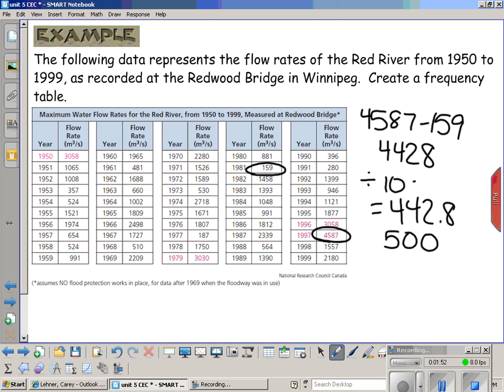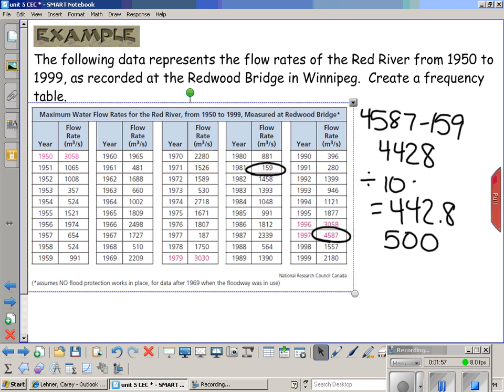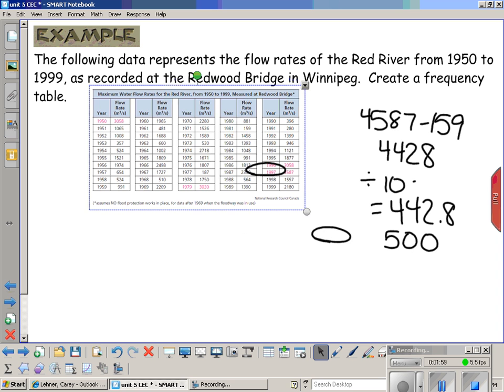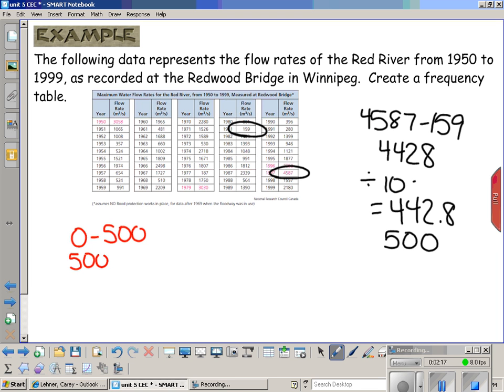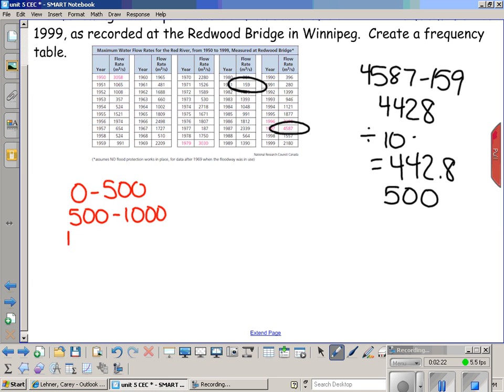So what we are going to have in our table is frequency intervals of 500. I'm going to make this smaller so that we have room to draw everything here. So what we have is from 0 to 500 is one interval. 500 to 1,000. And we need to continue these intervals until we have reached 4,587.